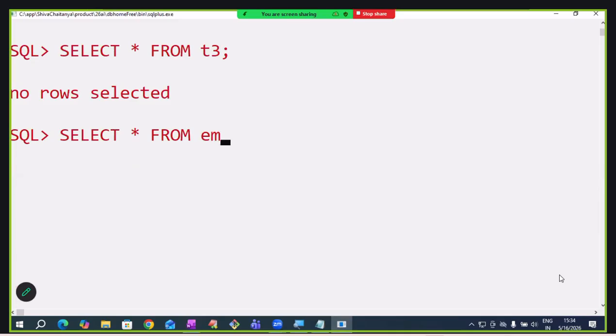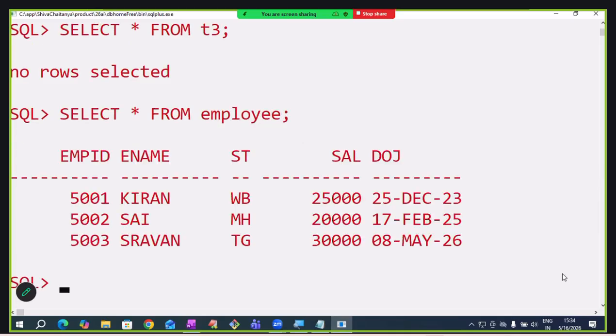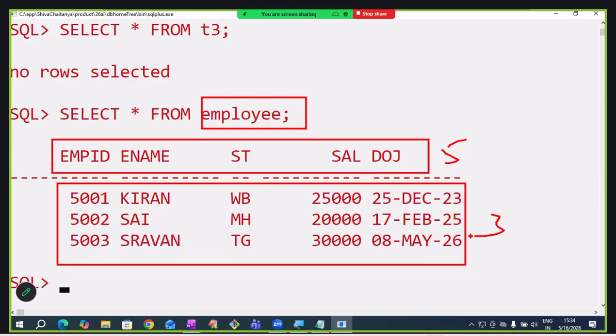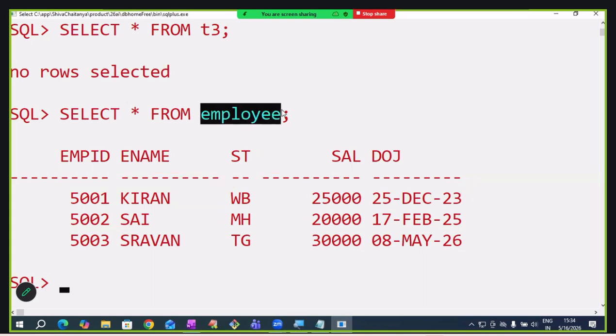Select star from employee. Observe here, the employee table is there. Observe, sir, the employee table has 5 columns, 3 rows. I want to rename this as EMP5. This is my requirement.